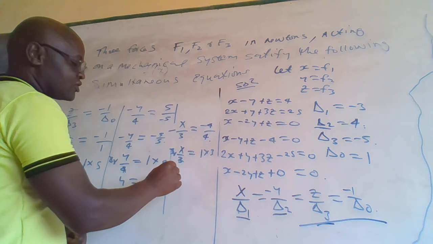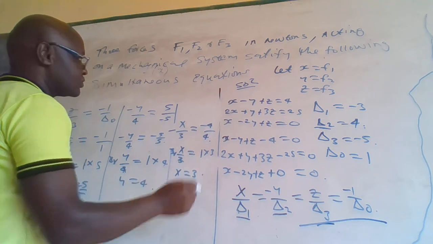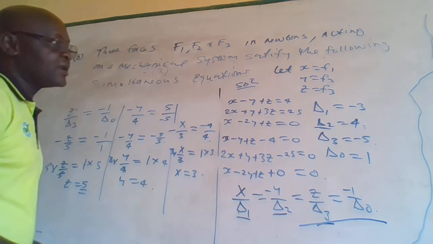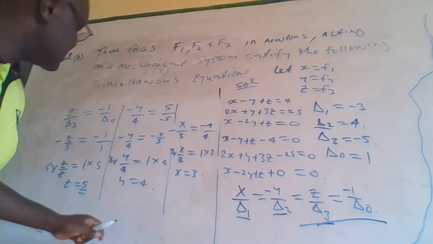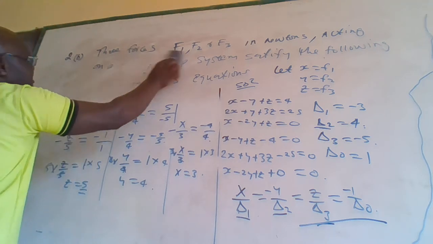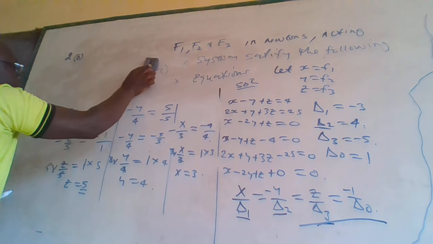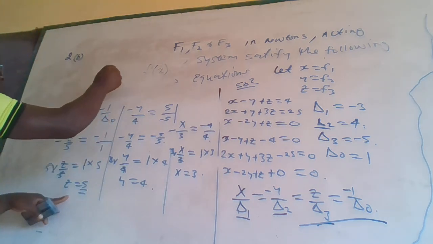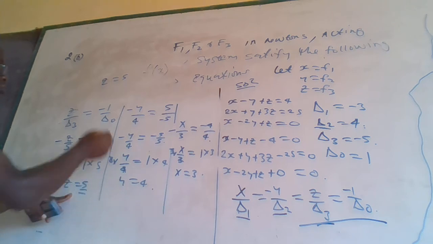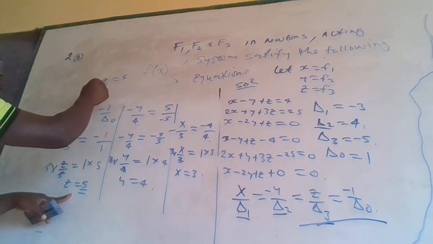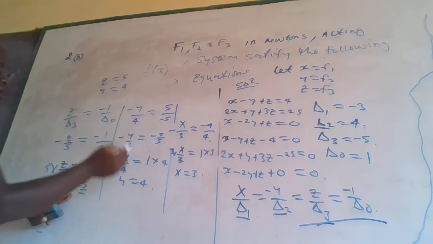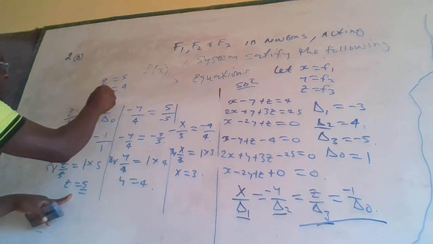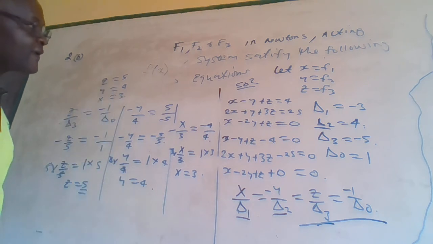So we have x equals 3. Okay, now we can collect the findings. So we are saying that z equals 5, y equals 4, and x equals 3.